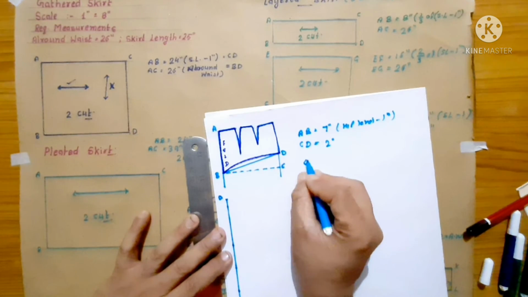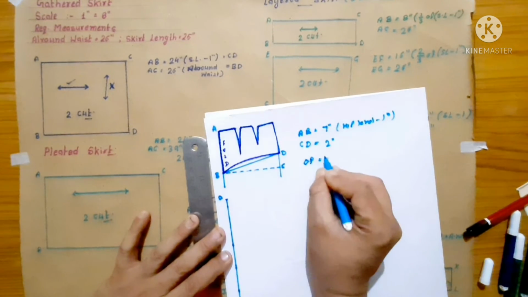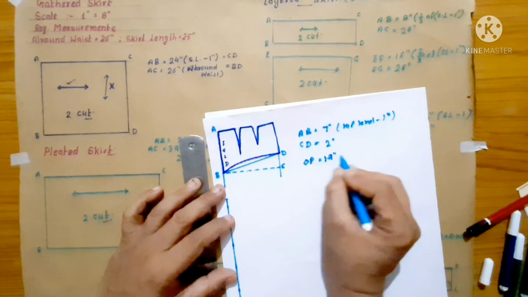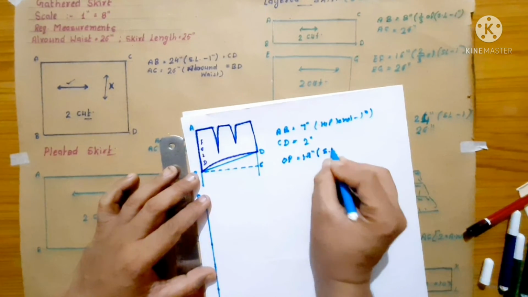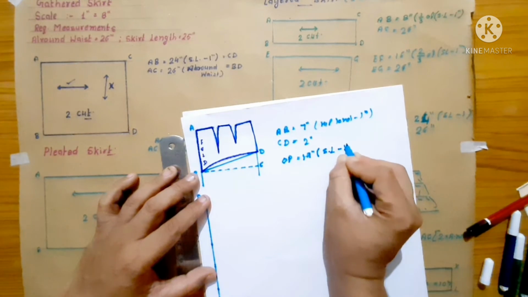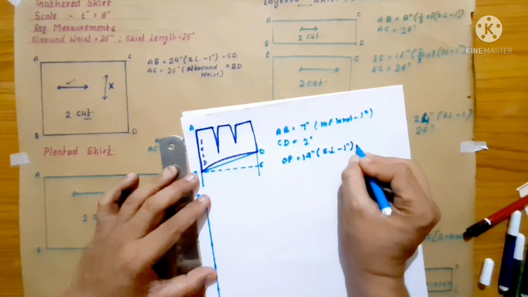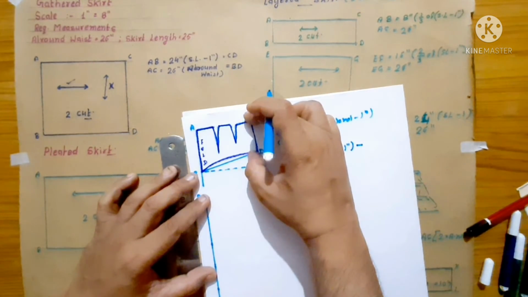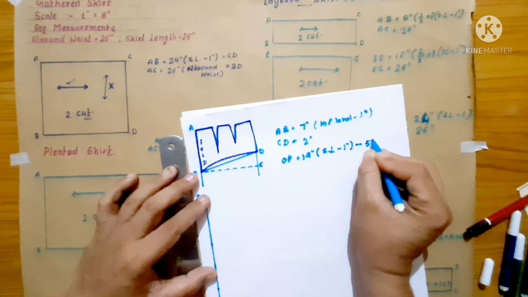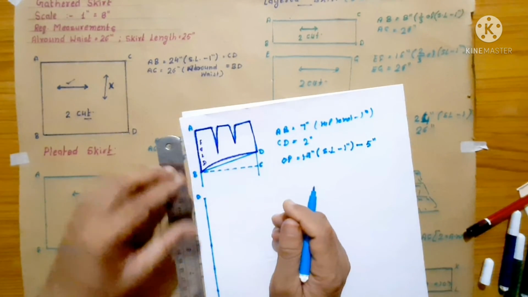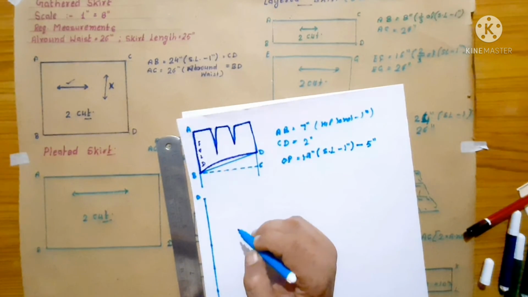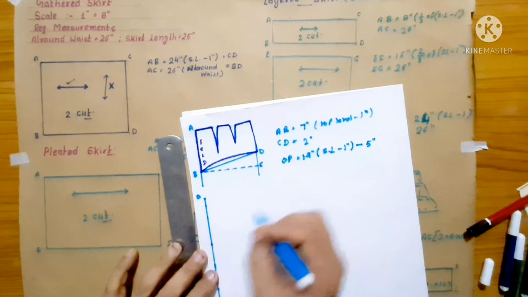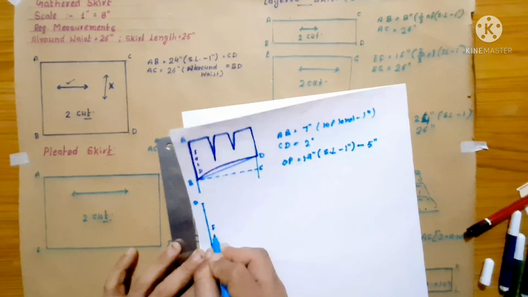Here OP is equal to 19 inches, that means skirt length minus 1 inch minus this 5 inches. Where does the 5 inches come from? 7 inches minus 2, right? So this would be the thing, and this line is on fold.